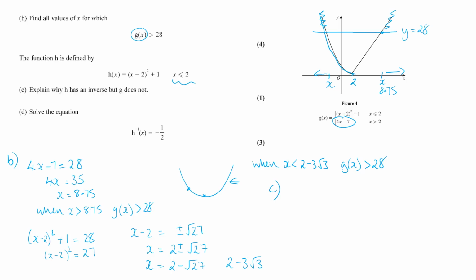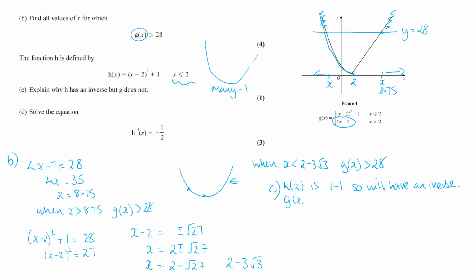So g of x is this sort of piecewise function that is a many to one function, but h of x just being one side of it, h of x is 1 to 1. So that is why h of x will have an inverse, because it's only 1 to 1 functions that have inverses.